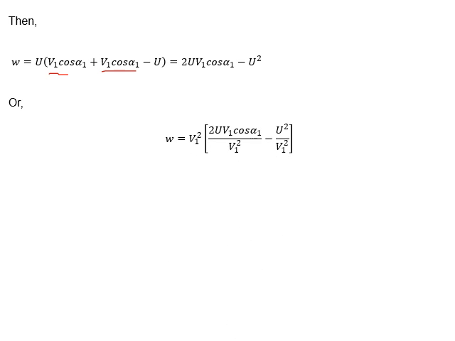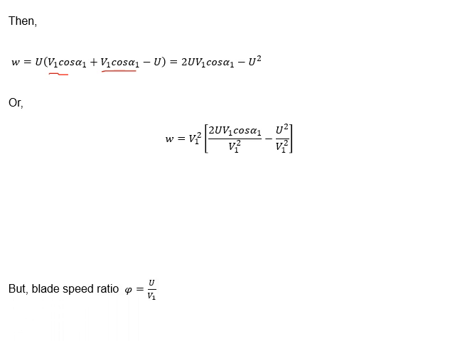Or W is equal to V1 square, taking V1 square outside, times (2 U V1 cos alpha 1 by V1 square minus U square by V1 square).